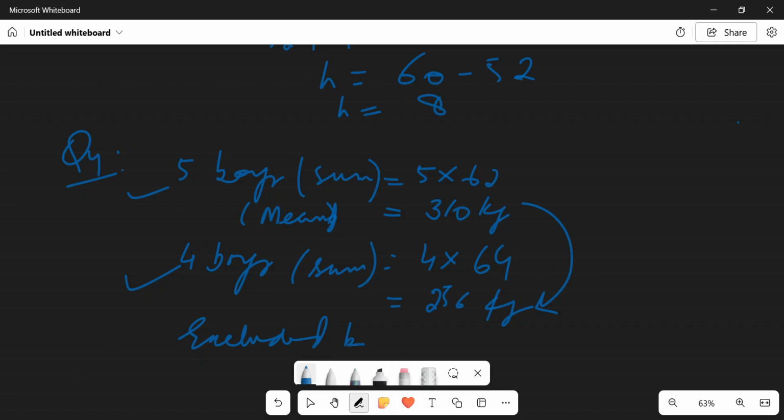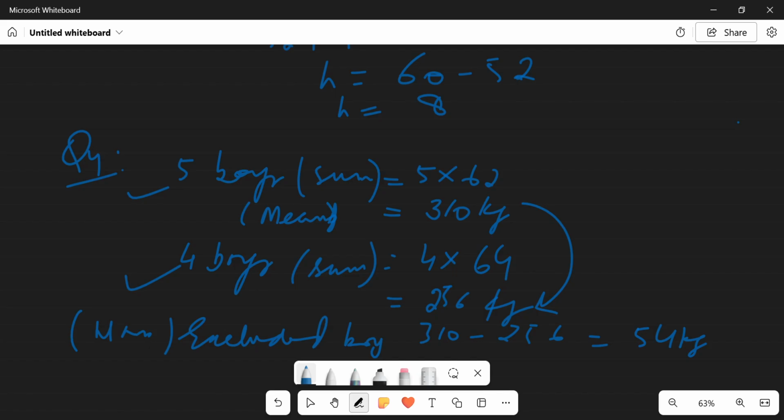So here the mass of the excluded boy is 310 minus 256. So 10 minus 6 is 4, and it gives you 54, right? Am I right? 54 kg. Okay, now next question number 5.